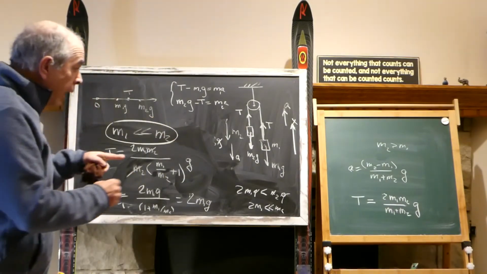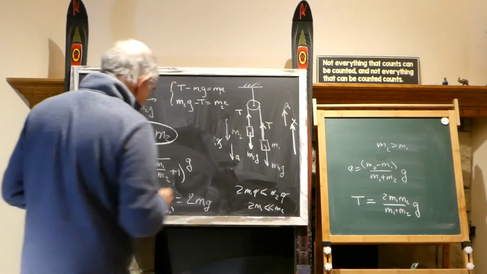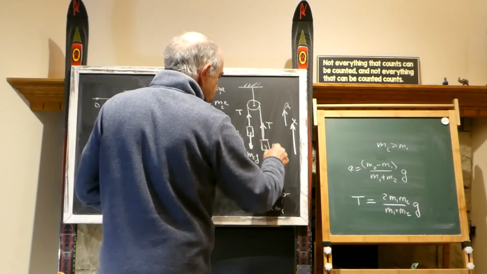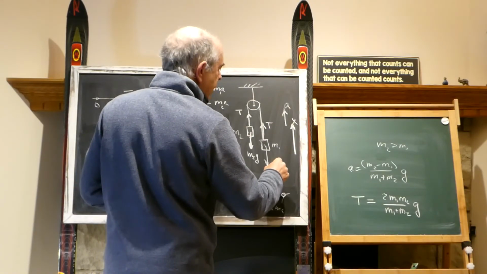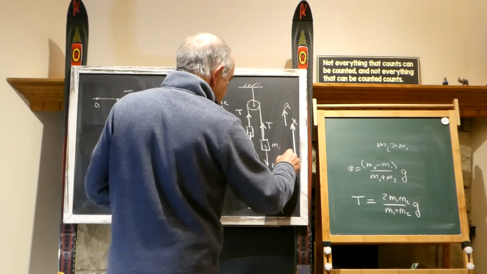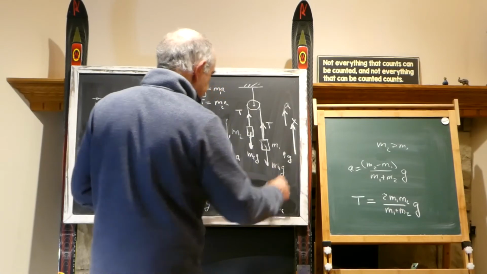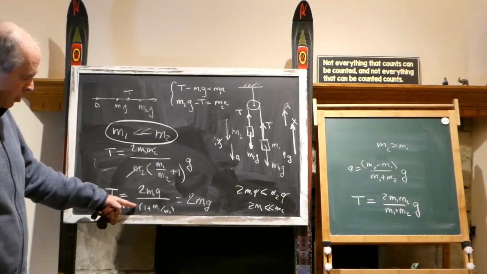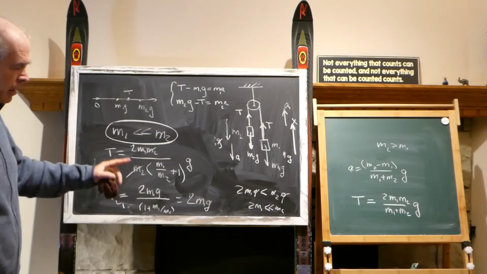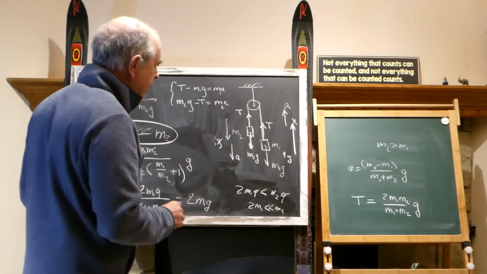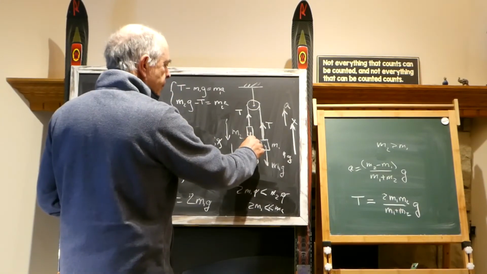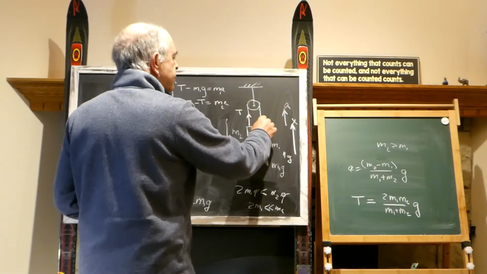Negligibly small. What happens with the other body? For the other body tension is 2m1g. So 2m1g up, m1g down, and the body goes up with acceleration very close to g. Of course, it's not g, it's a little bit less because we're dividing by a number slightly bigger than 1. But for a brief estimate, yeah, this is moving down almost with g, this is moving up almost with g.